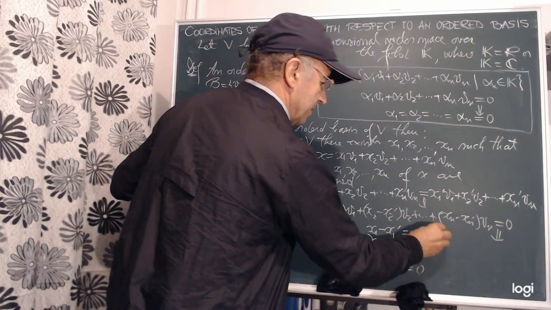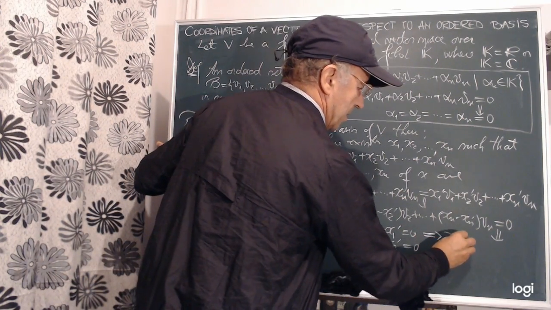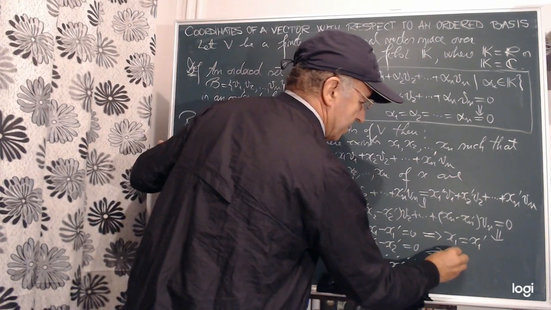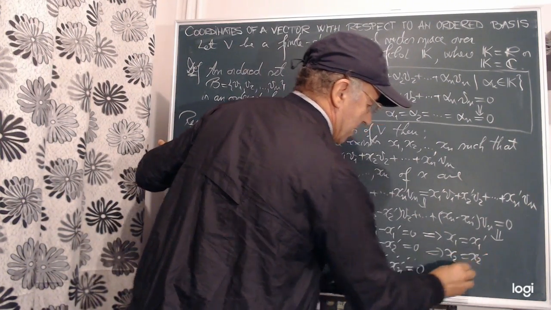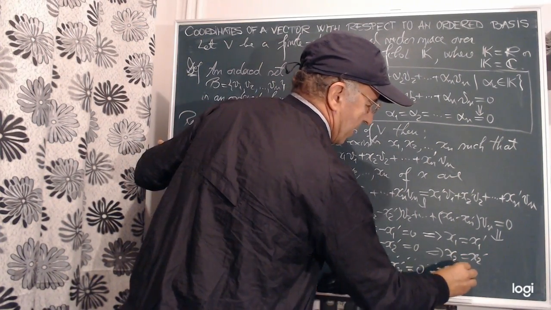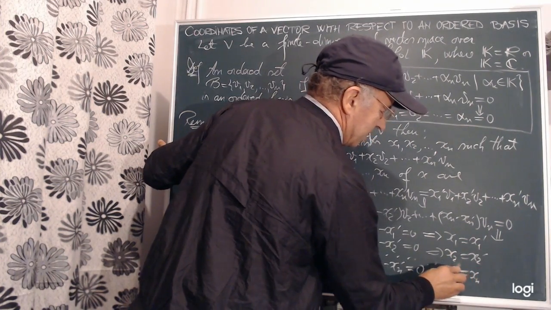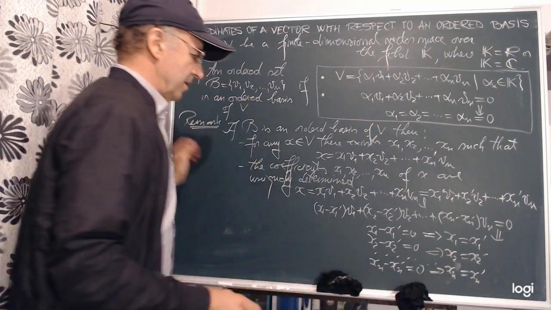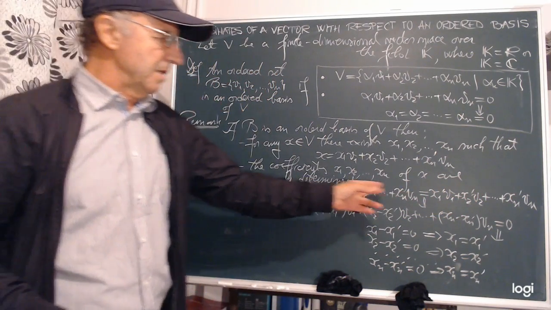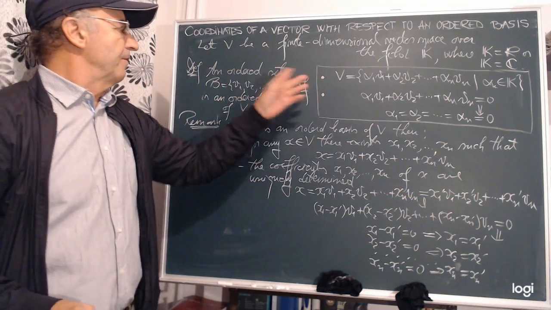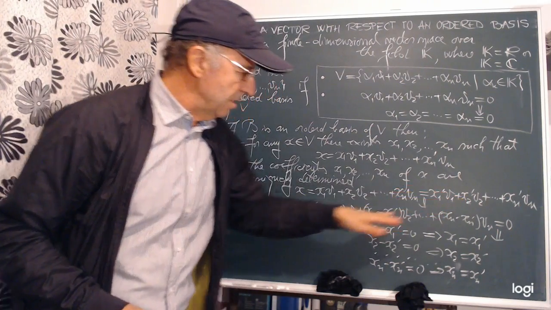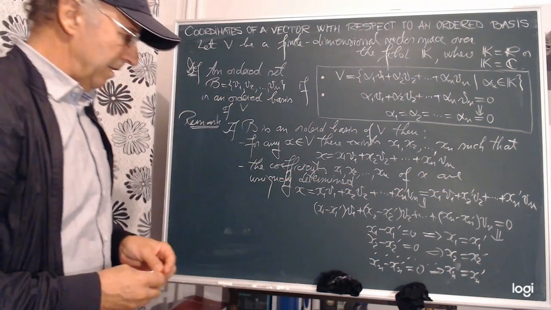but that is x1 equals x1 prime. From this we get x2 equals x2 prime, and so on. From the last relation, xn equals xn prime. So the representation of a vector as a linear combination of the vectors of the considered basis is unique. The coefficients are uniquely determined.